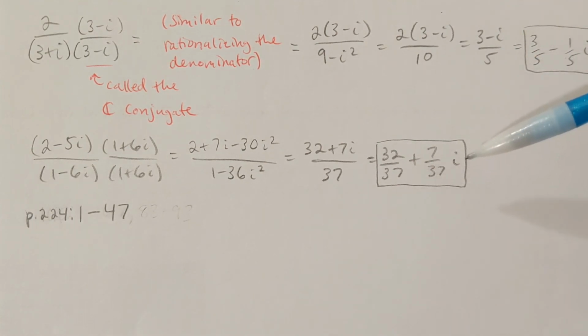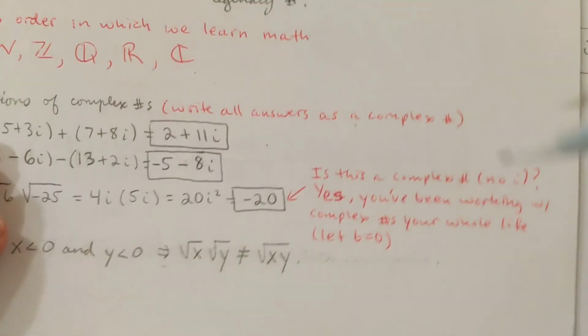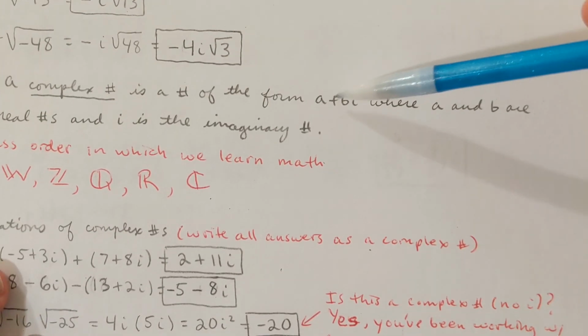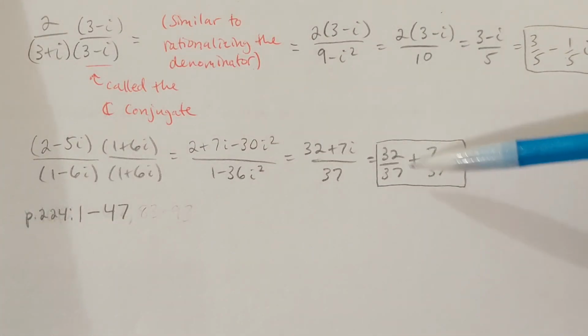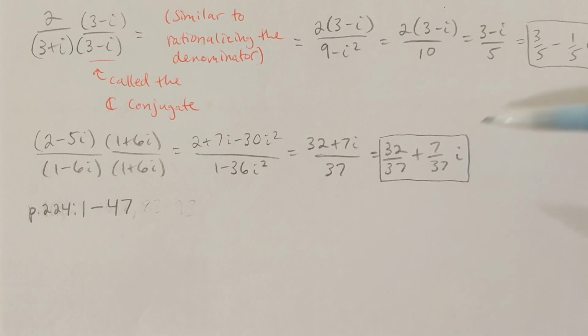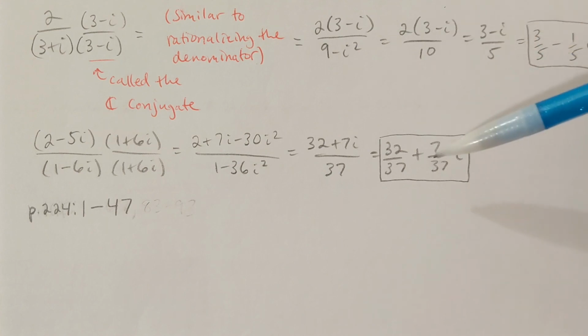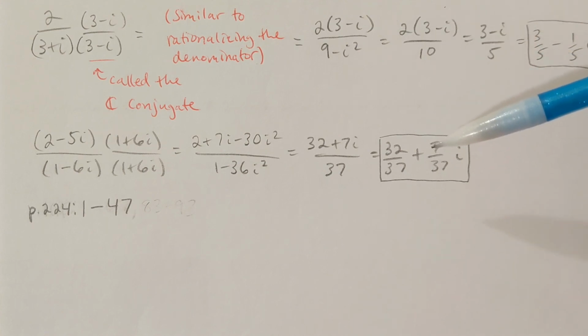That would be my number in the form a plus b times i. So go as far as you can on every single one of these until you're in the form a plus b times i.